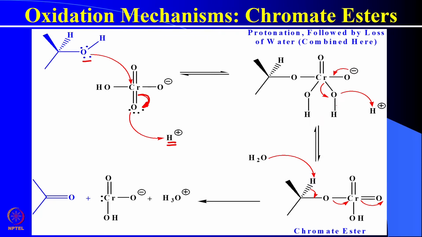Immediately the chromium oxygen bond opens and an OH bond is formed. So you have two OH groups and one anionic O minus in the molecule.